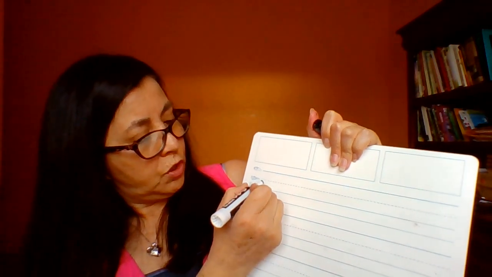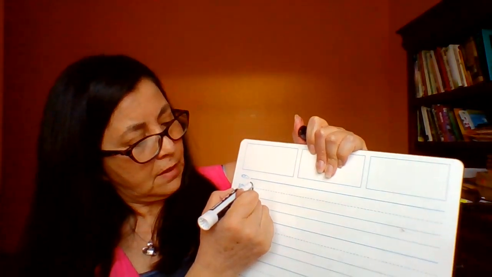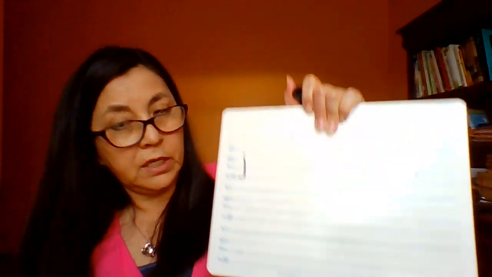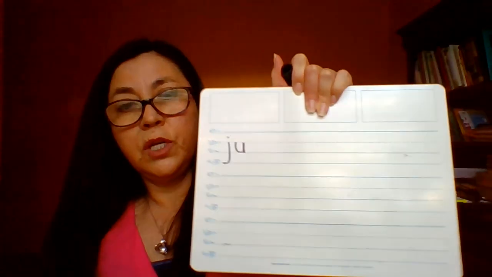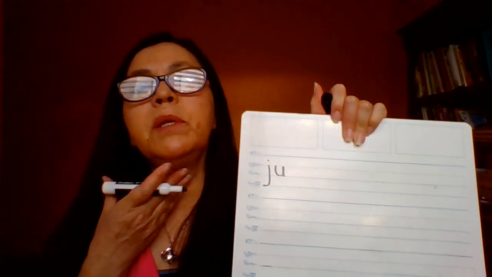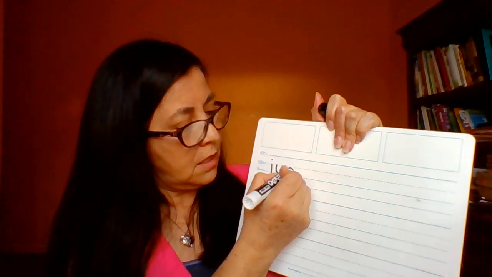So we're gonna start on the plain line and go all the way to the warm line and make a curve and put a little dot. And now we're gonna write jug, g. Remember the sound g. Okay, that's G, jug. Okay, do you remember another one?